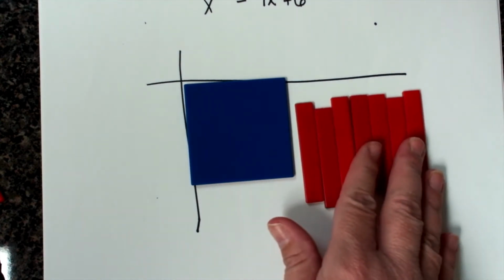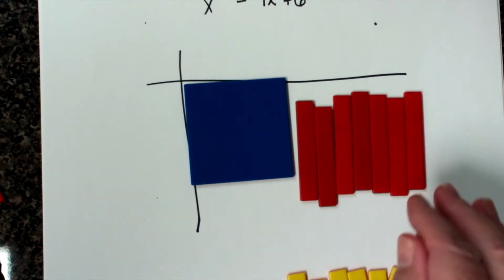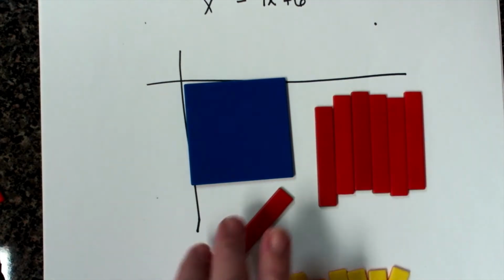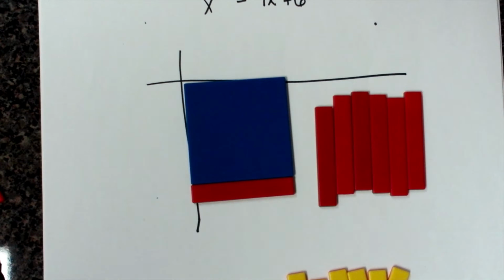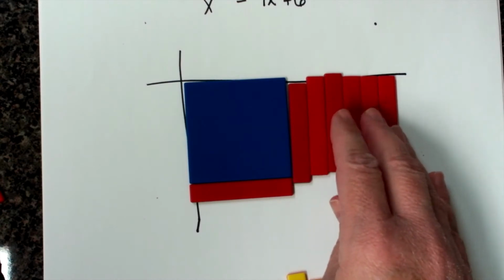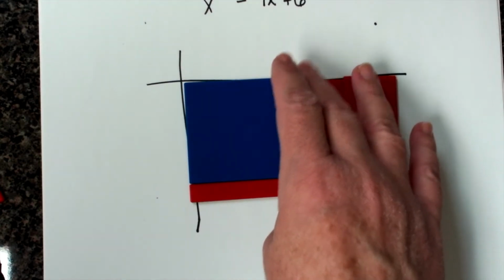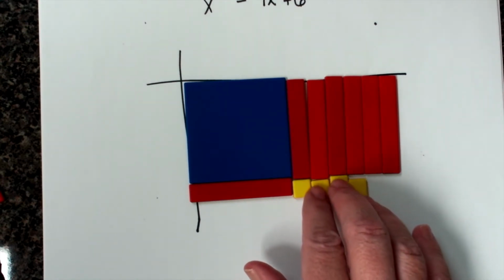So now I need to see how I am going to get this to be negative, and this has to be negative, right? And I know that there has to be 6 parts here. And this has to be positive.